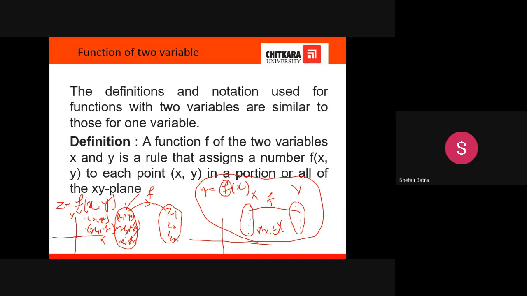Now, a function of two variables x and y is a rule that assigns a number f of x comma y, that means this z, to each point x comma y in a portion or all of the xy plane, right?